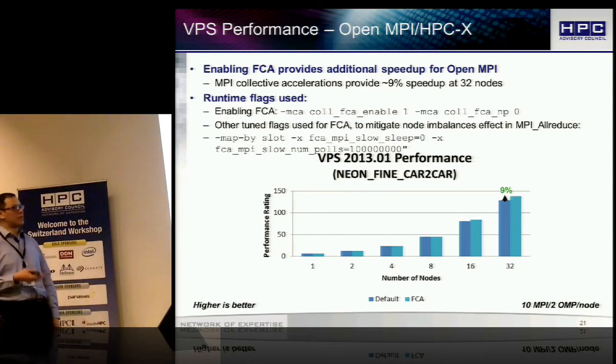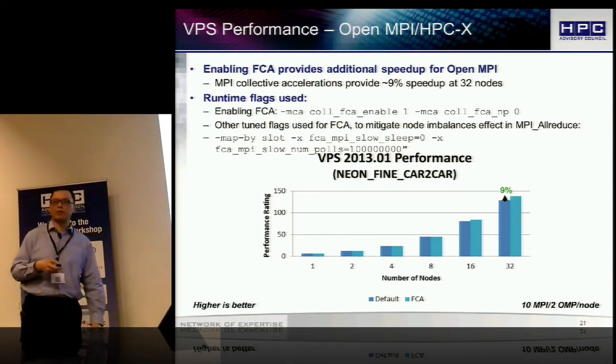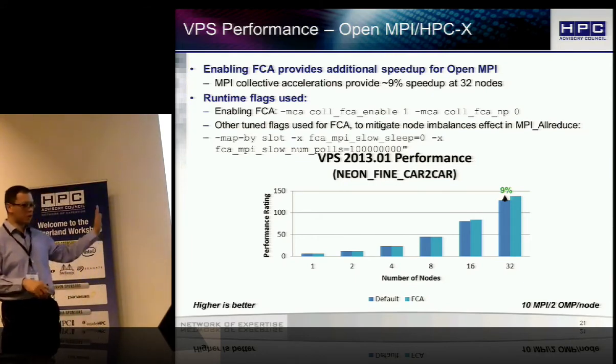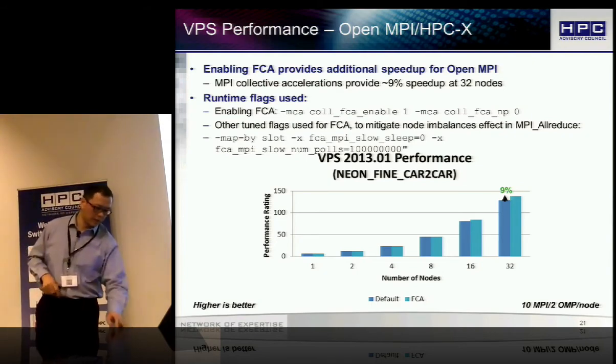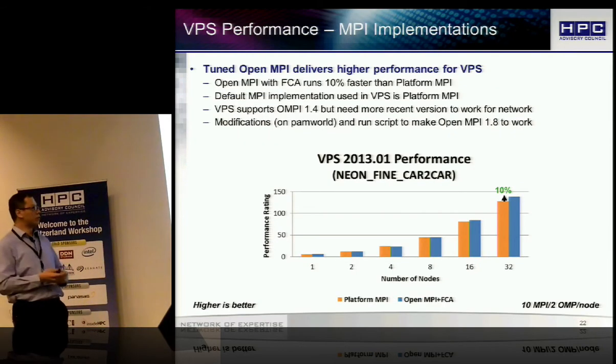So at least we get some of the performance improvement back. Besides enabling the FCA parameters shown on the top line, there is also some other information in FCA that I have to set to make it work. I'm also documenting that here in case any of you want to try it out.